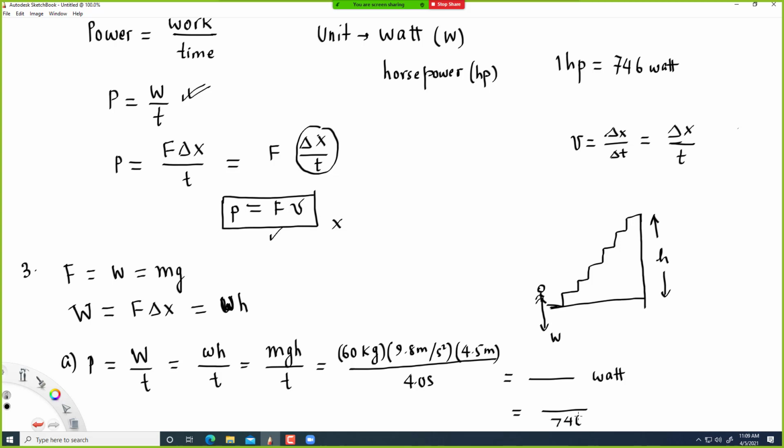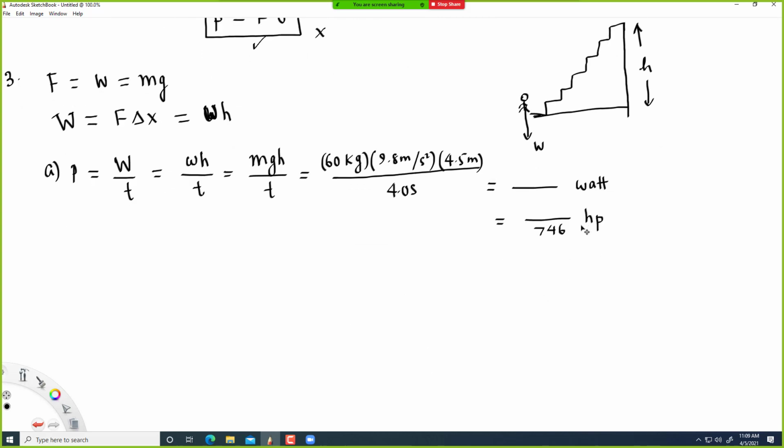If you divide that by 746, then you get the answer in horsepower. So I have this one, 660 watt, and then you divide 660 by 746, what do you get?